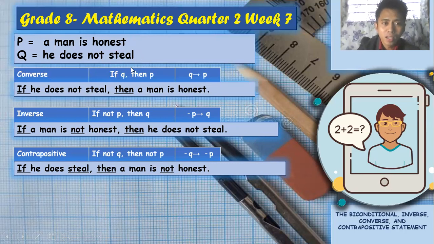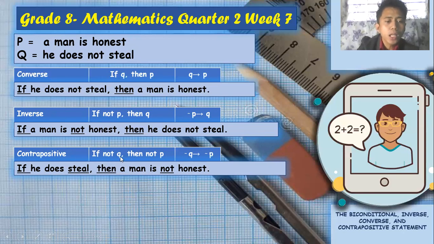So after "if" we have "he does steal," followed by the word "then," followed by not P, the opposite of P. The opposite of "the man is honest" is "the man is not honest."